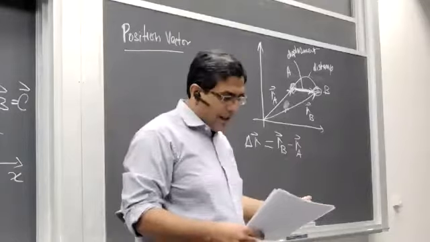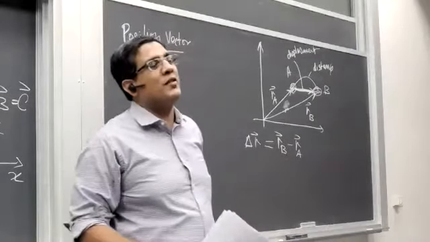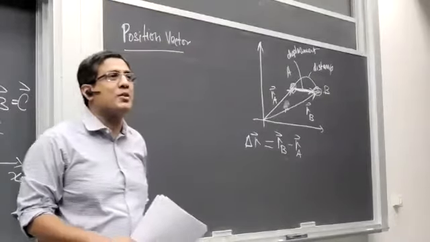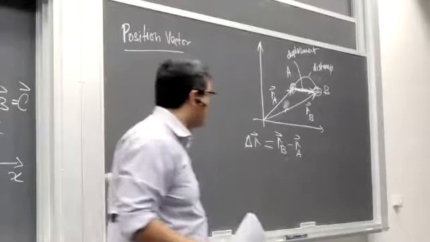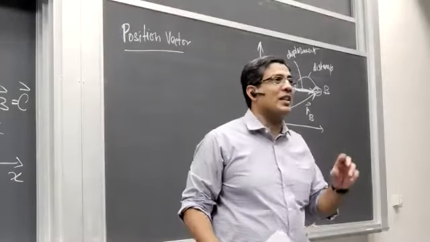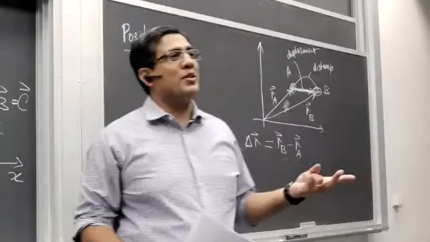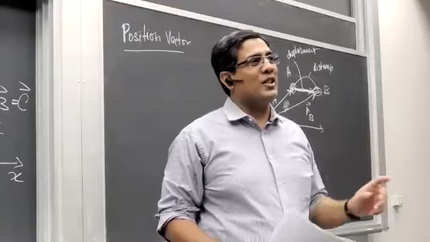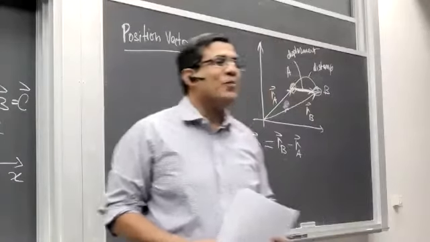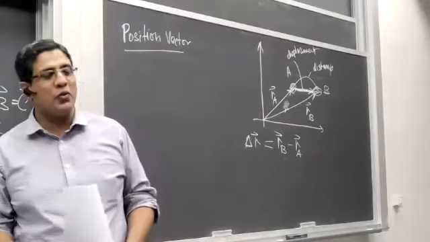So vectors, particularly when we have to use them to represent physical quantities, have to have another important property. That's why I said in the very beginning that a vector is not just defined by two numbers, or something which has a direction and a magnitude. It should be invariant under coordinate transformation. Now that's very heavy language, but don't worry.